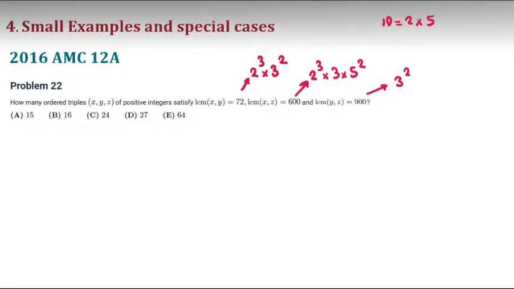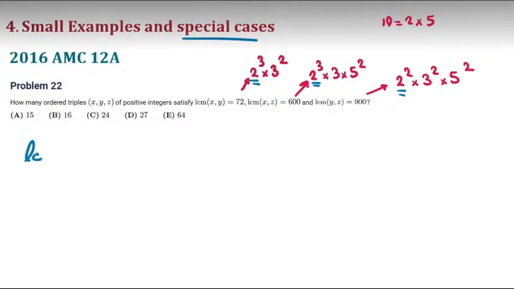And this one, 900, let's write: for the 2 zeros, 2 squared, 3 squared for 9, and 5 squared for the 2 zeros. So look, we have these numbers, but first I focus on only the 2's, a special case. Only let's solve for the 2's, okay?